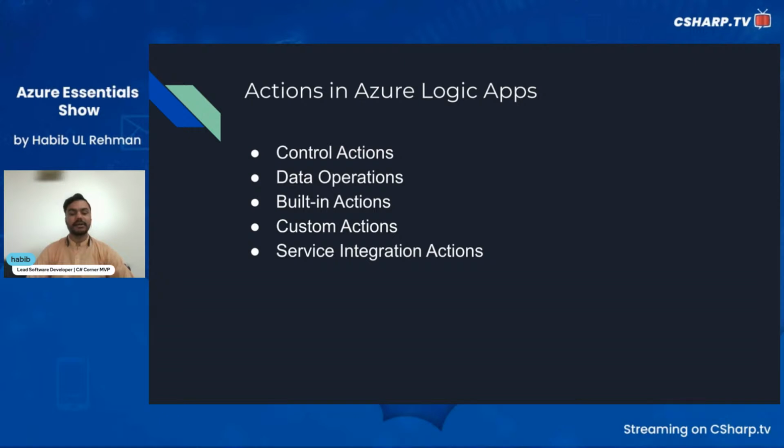Built-in actions are for built-in connectors like HTTP, SQL Server, Azure Blob Storage, and more. These actions allow interaction with a variety of data stores and services. We can also create custom actions for Azure Logic Apps.